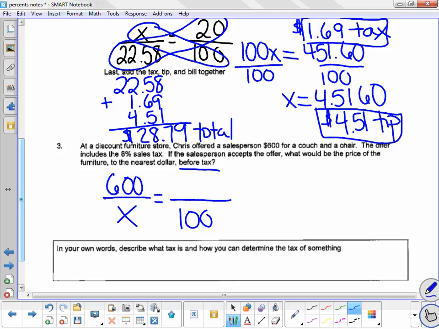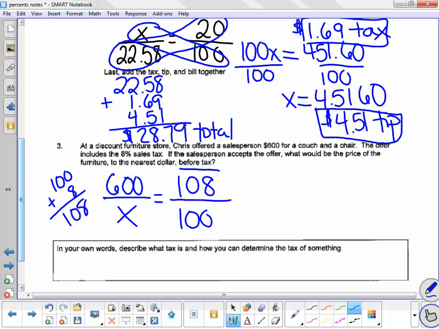But on the top, where it would normally be the percent, that $600 represents 100% plus the 8% tax, which makes 108%. So that needs to go in the numerator. So take a second, let that sink in. $600 is the part, you're solving for what it was before. So essentially the $600 is 108%.